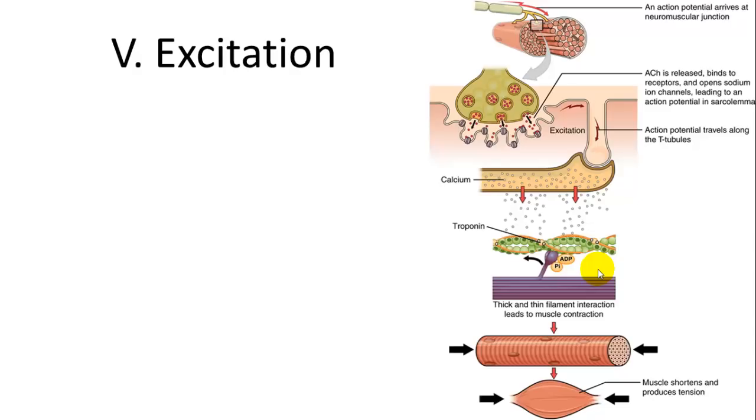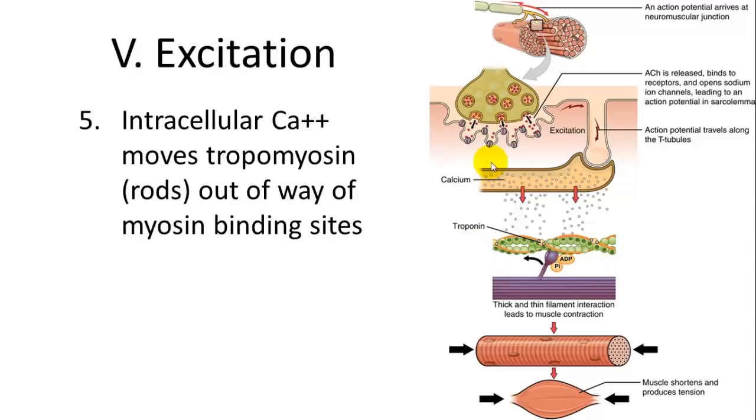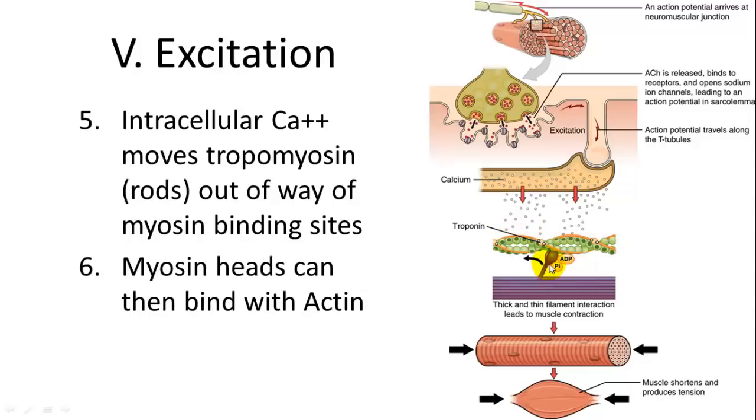The intracellular calcium then causes the troponin and tropomyosin to shift and expose the myosin binding sites on the actin, and the myosin heads can then bind with that actin.